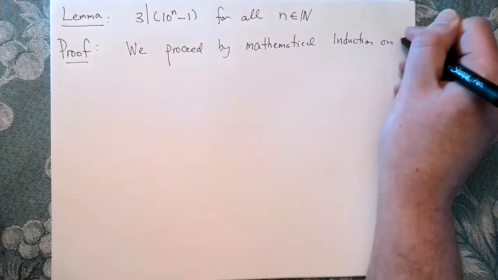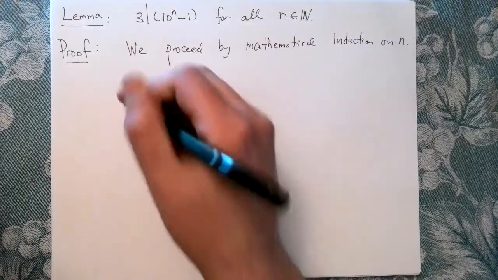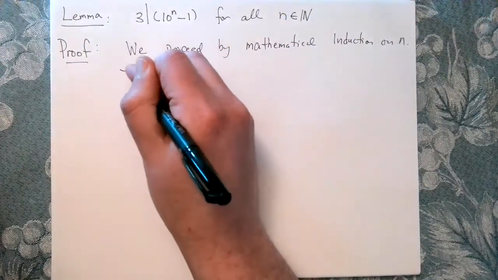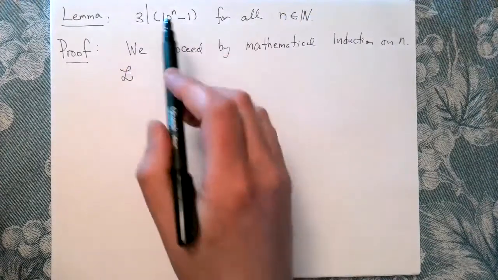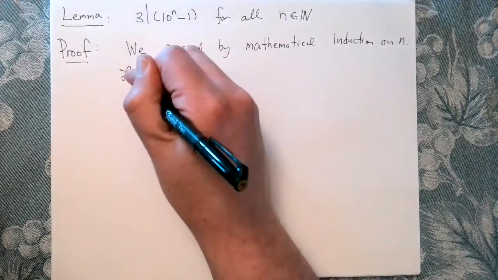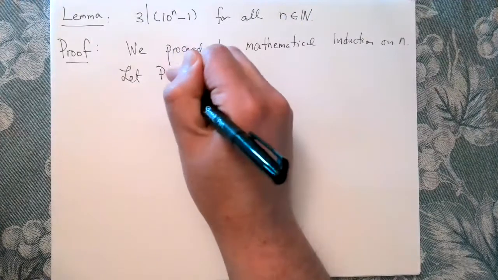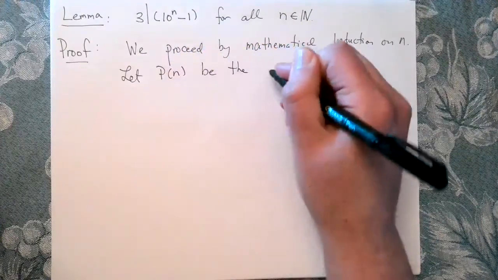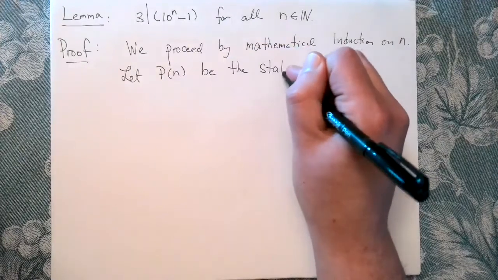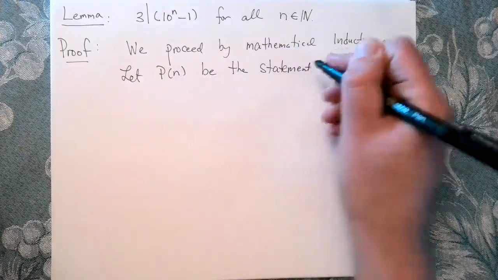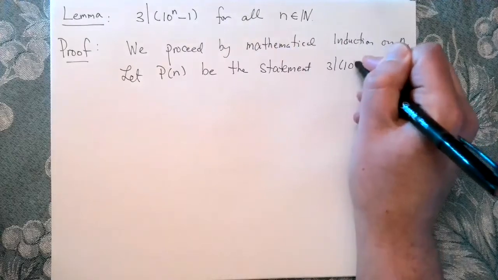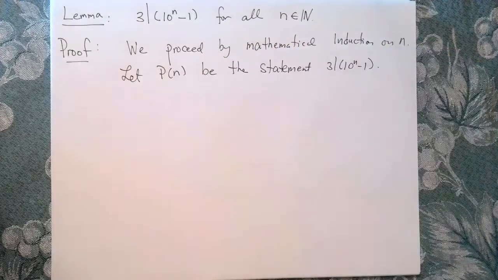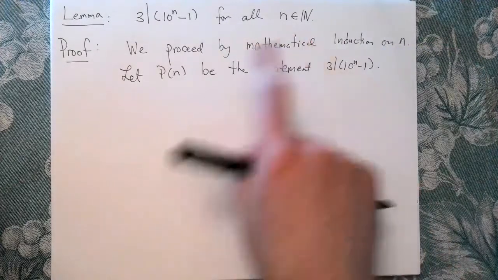Okay, first we need a name here. Let P of n be the statement: 3 divides 10 to the n minus 1. And so you can see for each natural number, I get a new statement.